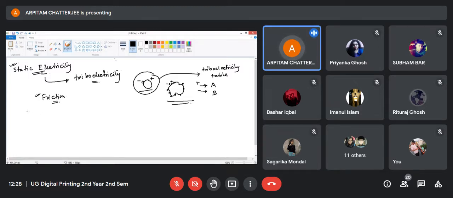So what we basically do in case of cascade development, let me first draw. Basically here we have a tray kind of thing, and in this tray we have these dissimilar particles, like this, which are bigger, and then we also have the toners.